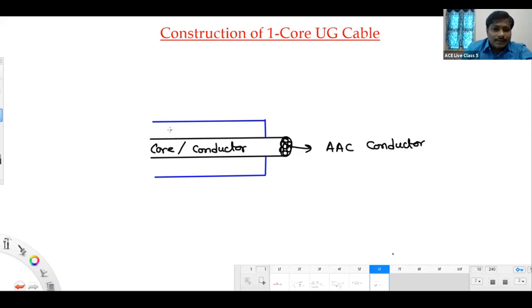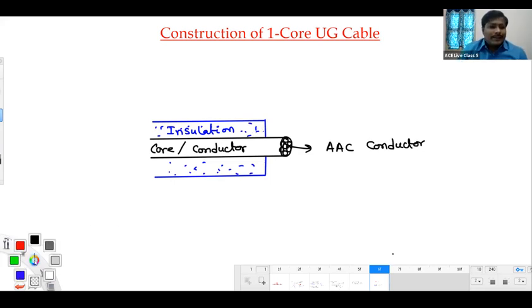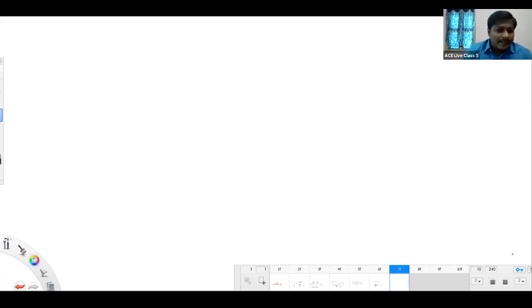Yeah, so this is insulation. Let's take up the insulation part a little bit. Insulation, or sometimes we call it dielectric material also; in our view there is no difference.